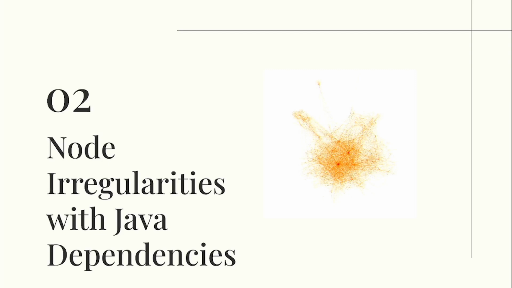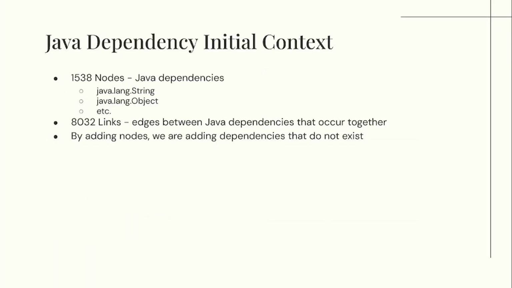In another case study, I wanted to explore poisoned nodes in a network of Java JDK package dependencies. So this network has 1,538 nodes, or Java dependencies in this case, like java.lang.String or java.lang.Object, et cetera, and there are 8,032 edges that indicate dependencies.